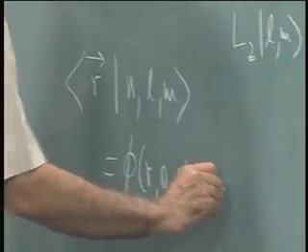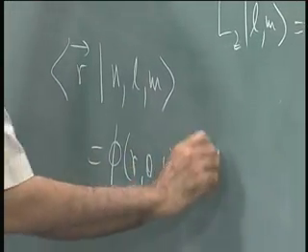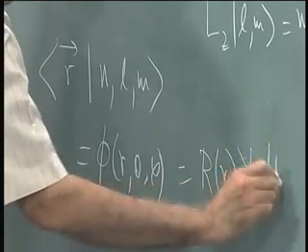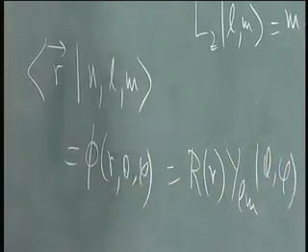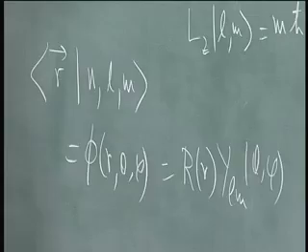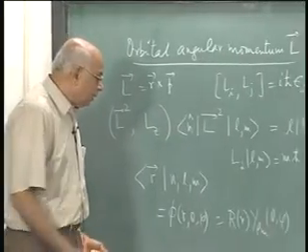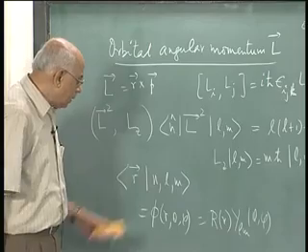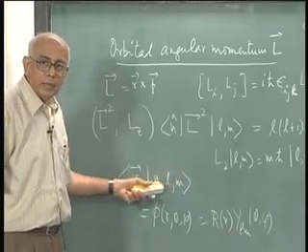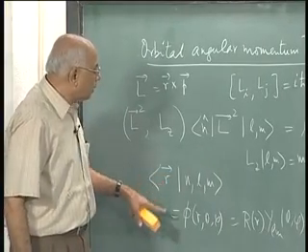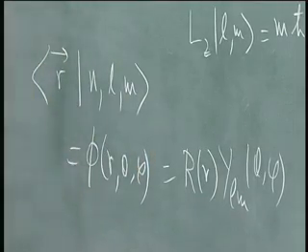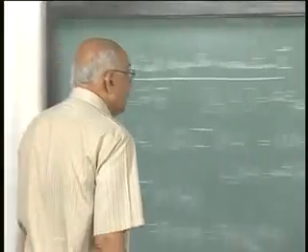But this becomes a product of a radial function times Y_lm of theta phi. So I simply said that as far as the orbital angular momentum part is concerned, this does not play any role, it is only l and m, and instead of r I replace it with theta and phi, or this unit vector n. m does not appear explicitly here, not yet.